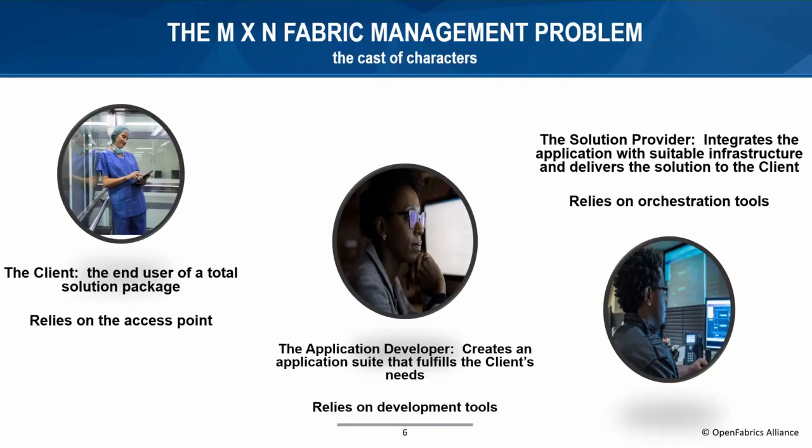And then the solution provider integrates the client's applications with the appropriate delivery platform and runtime resources, usually over a fabric. The solution provider relies on yet another set of applications known as orchestration and automation tools. Now, since this is a discussion of fabric management stacks, let's look at the different players' needs that the stacks must meet. Next slide, please.